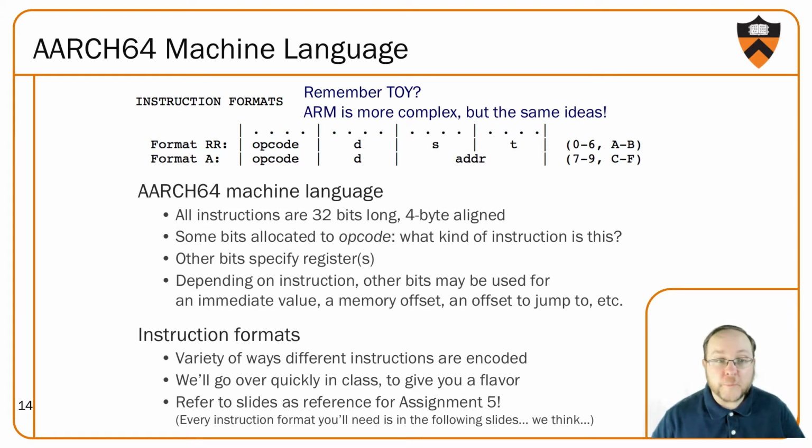And each will have an opcode, and then bits identifying the registers, the memory offsets, the immediate values, etc. So it's actually a very similar principle to what we've seen in Toy. So the rest of this lecture is going to fly through a bunch of examples of these, but you'll definitely want to look back at these slides as a detailed reference when completing assignment 6.